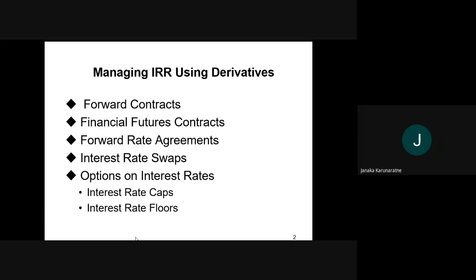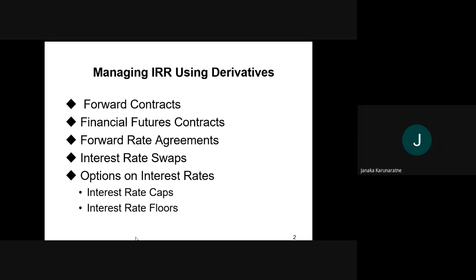So if you look at risk management in the recent decades, derivatives have become very popular as a tool to mitigate different types of risk. Derivatives are financial instruments whose value or price depends on an underlying financial instrument.